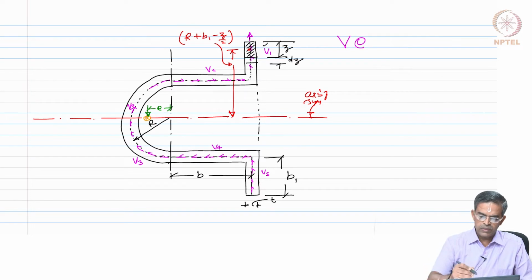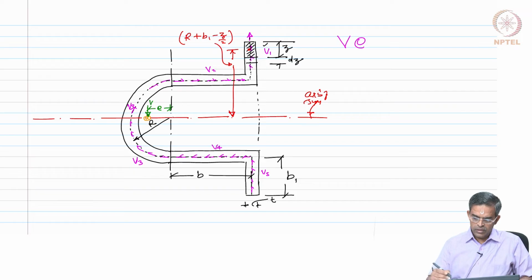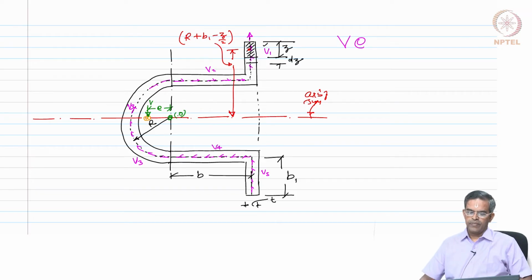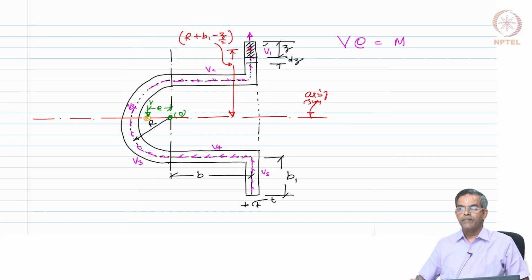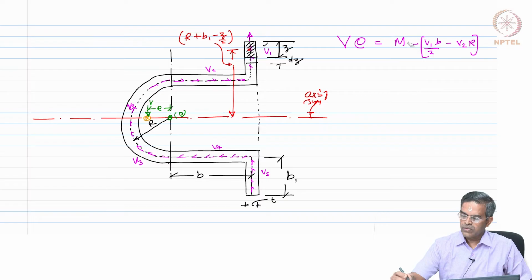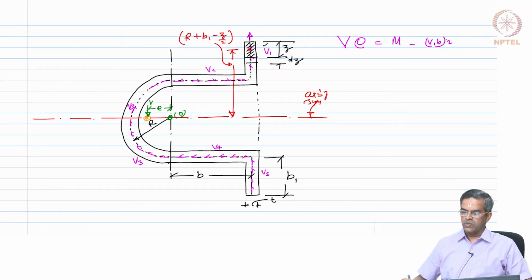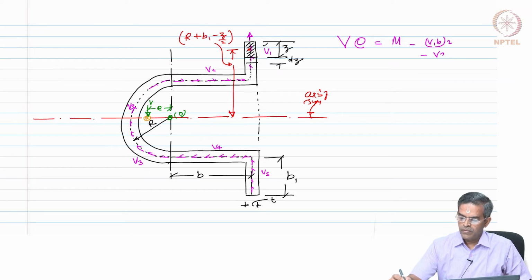So, now V into e, because this was V, this is the point O, V into e, which is anticlockwise, should be equal to M, okay, minus V1 into B by 2 minus V2 into R. Sorry, let us do it this way, M minus V1 B twice, because I have V3 also, minus V2 into R twice.